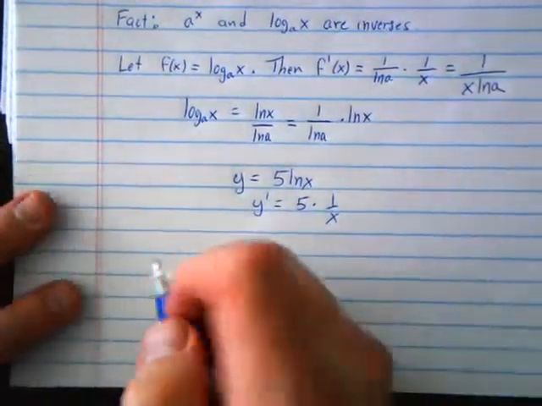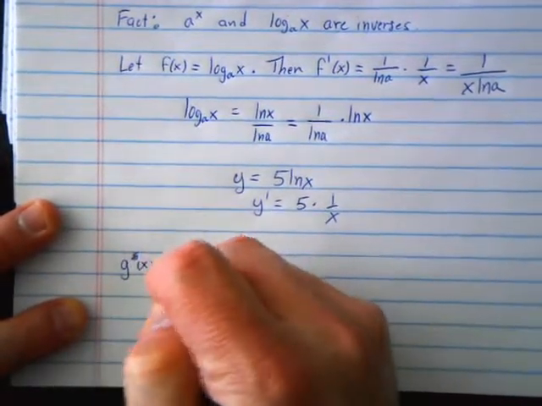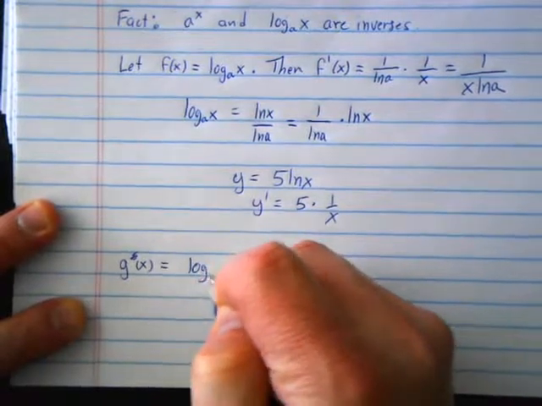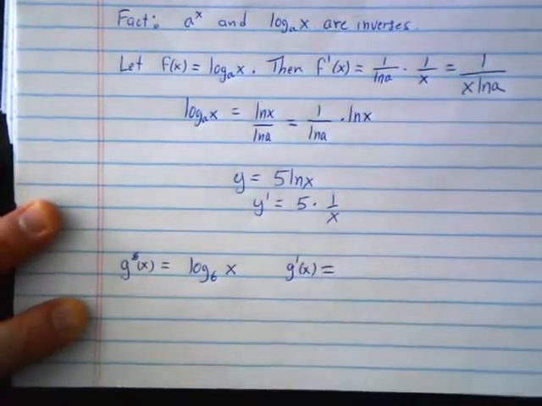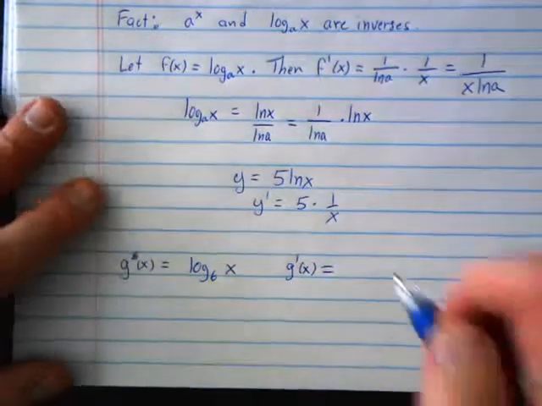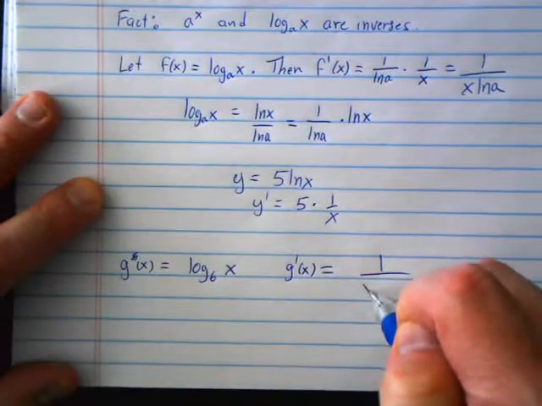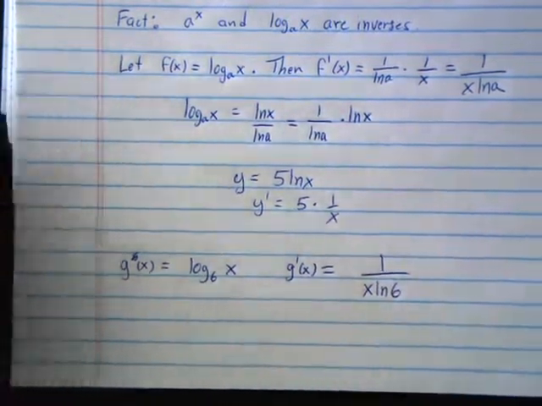Alright, so g of x is log base 6 of x. What's g prime of x? One over x ln 6.